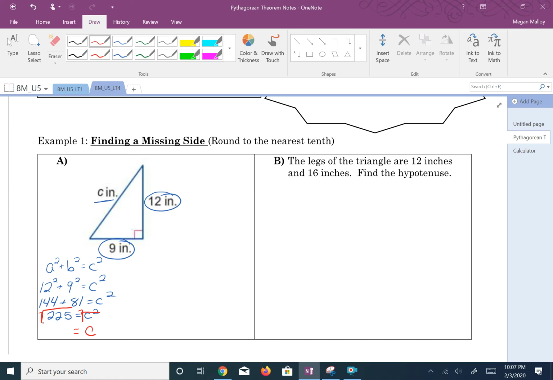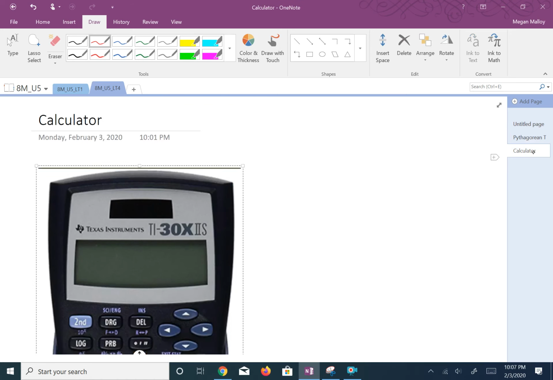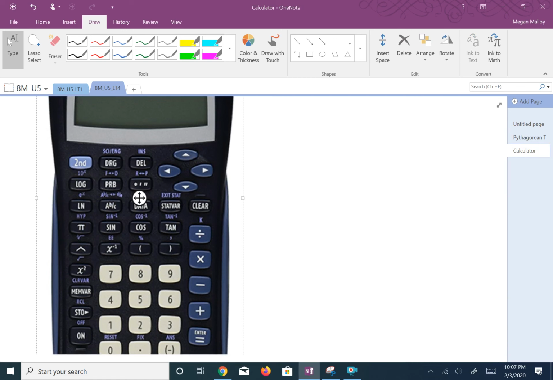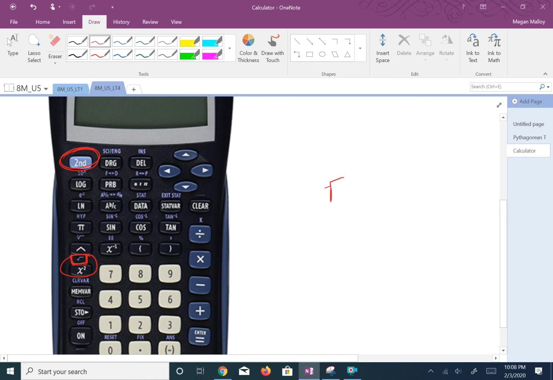However, if you don't remember quite how to do that, you can go to your calculator, and if you type in second, x squared, because we are focusing mainly on this square root button, you'll get a symbol that looks like this on your calculator, and then you'll type in 225 and then press enter.